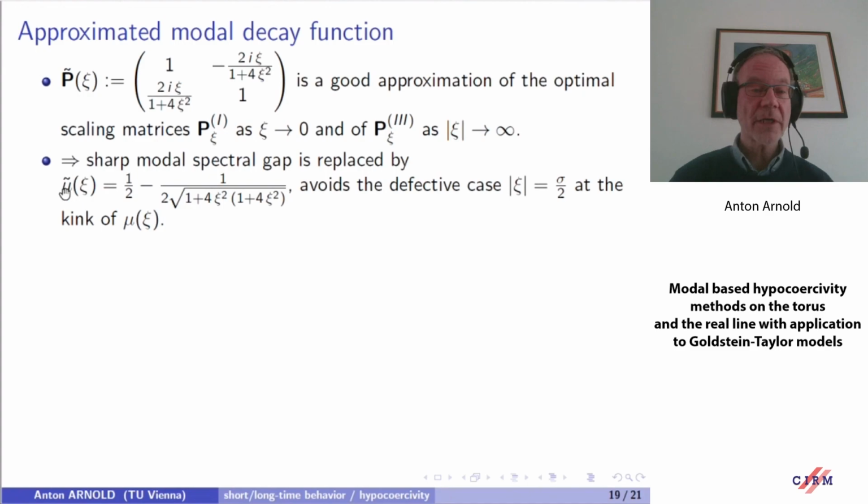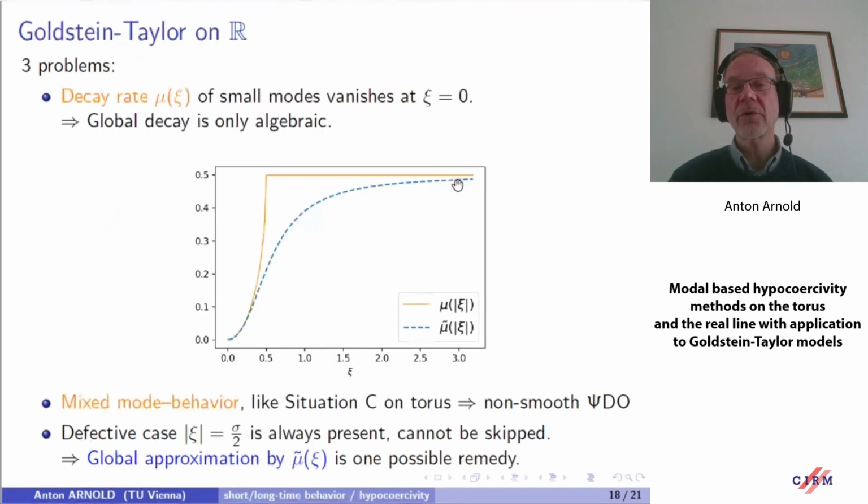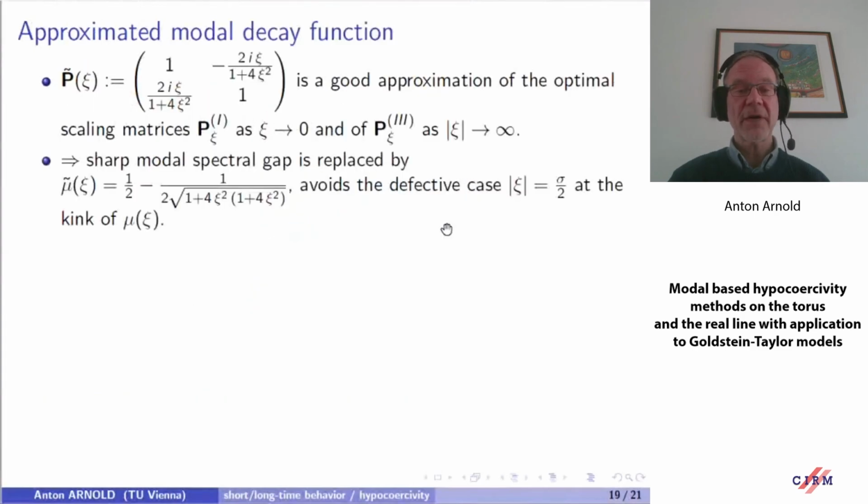And this is the function that you get. So this function, of course, doesn't tell us much. If we look back, this is exactly this blue curve. And we see that this is a reasonable approximation, at least in the limiting regimes, for the perfect decay function. And it avoids the defective case, the technical one, because we have given up a little bit on following the sharp decay rate.